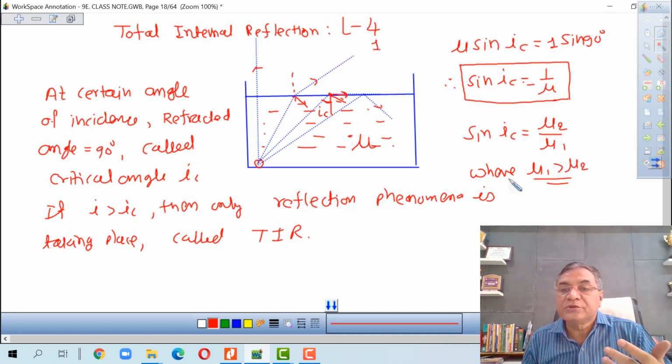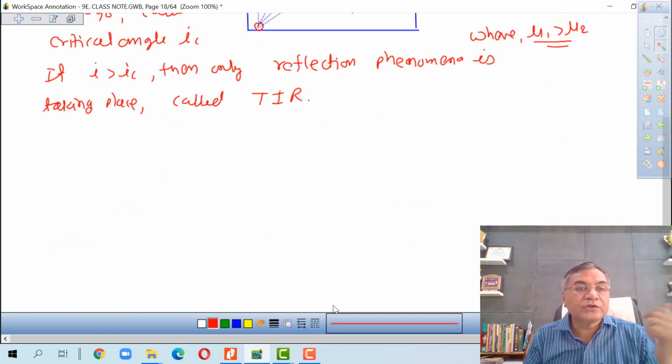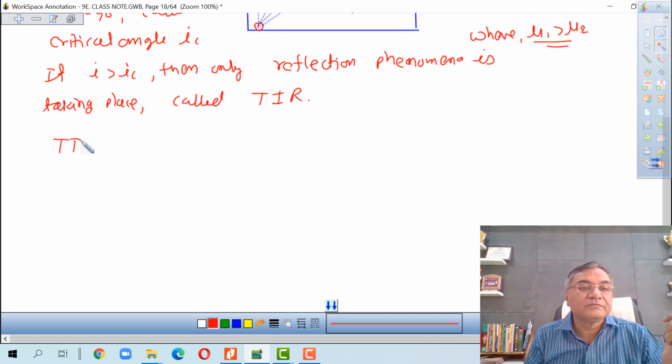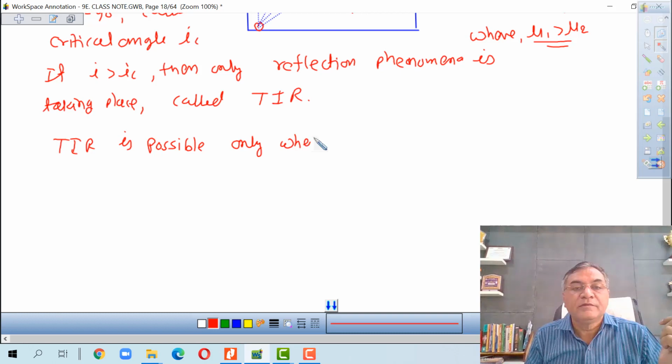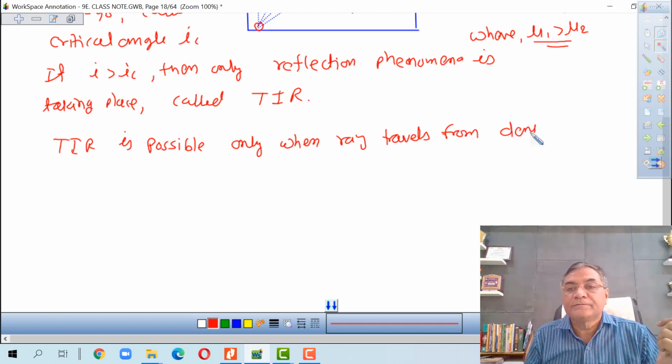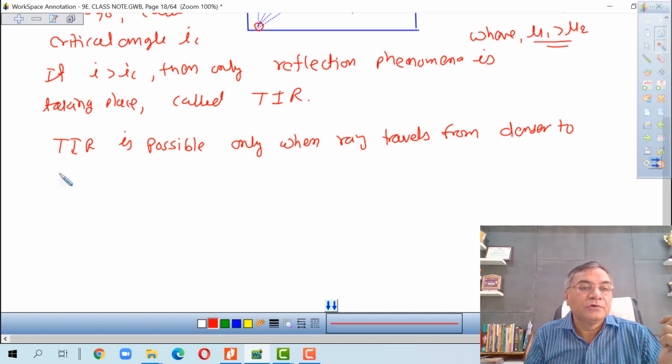તો આનો અર્થ એવો થાય, total internal reflection is possible only when ray travels from denser to rarer medium. ઉલટું possible નથી.